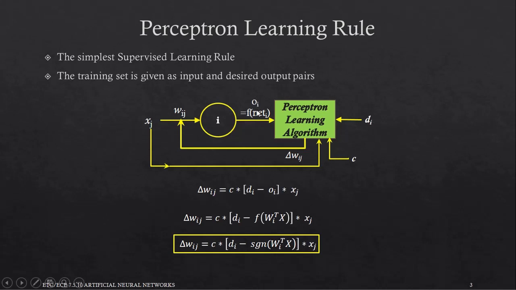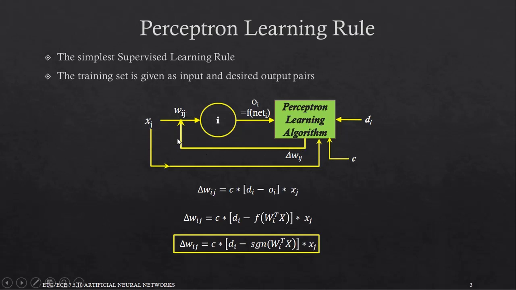Our aim is to make sure that the neural output becomes equal to the desired output. Our aim is to make the difference between neural output and the desired output 0. If the difference is not 0, the difference has a value. That means the neuron has to learn. The weights need to be updated.